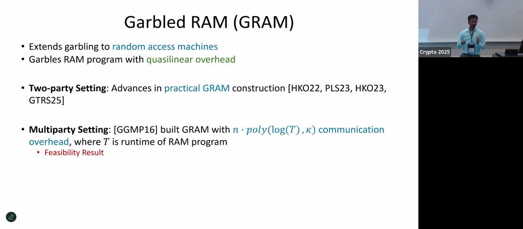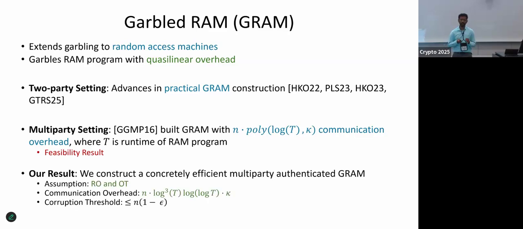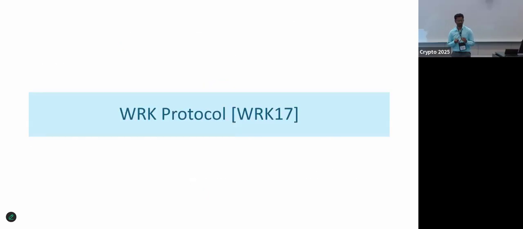In the case of multi-party garbling, you have a work by Garg et al., which constructs a garbled RAM scheme with n polylog overhead. However, this is a feasibility result. In this work, we construct a concretely efficient multi-party authenticated garbled RAM, assuming random oracle and oblivious transfer. The communication overhead is n log cubed kappa, and the corruption threshold is n(1 minus epsilon), that is, the dishonest majority setting.